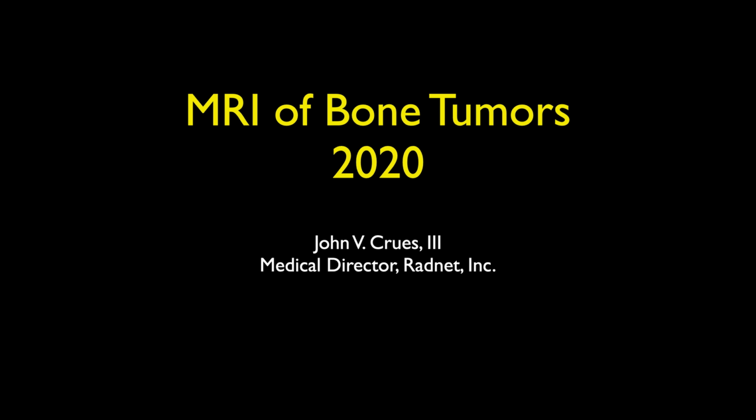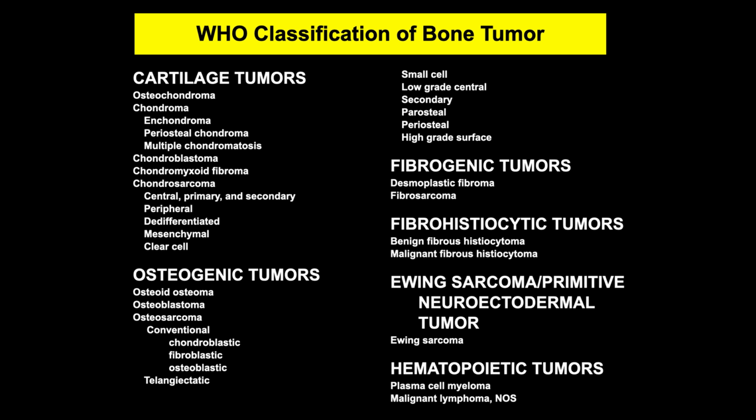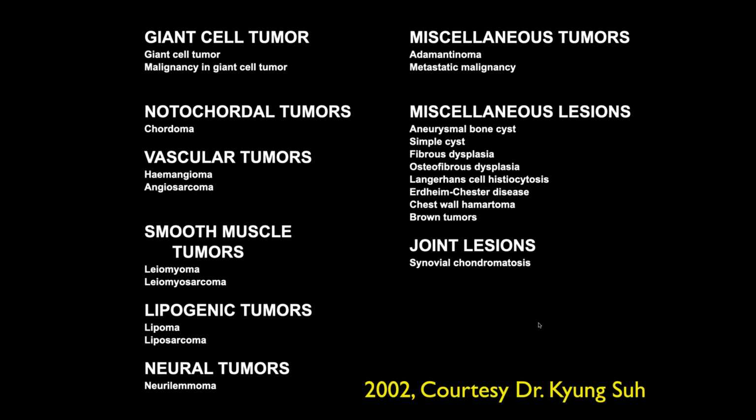Okay, all right. So the WHO classification of bone tumors, and we'll follow this as an outline, are cartilaginous tumors, osteogenic tumors, fibrogenic tumors, fibrohistiocytic tumors, Ewing's and neuroectodermal tumors, hematopoietic tumors, giant cell, notochordal, vascular, smooth muscle, lipogenic, neurogenic, and miscellaneous tumors, and tumors around the joint.